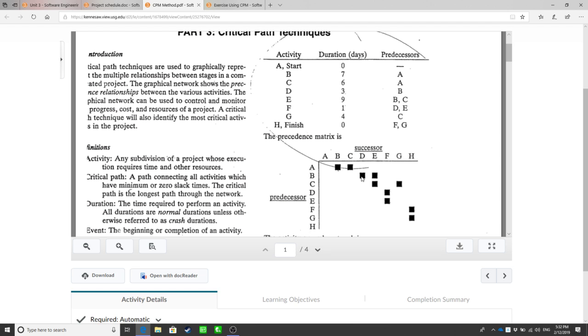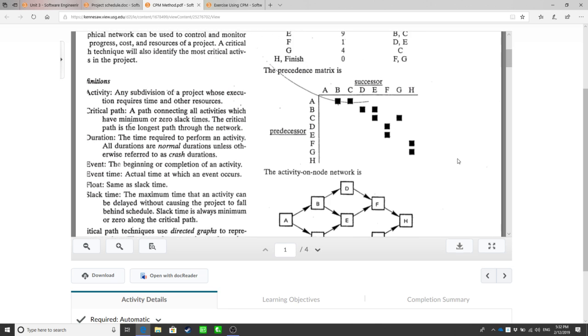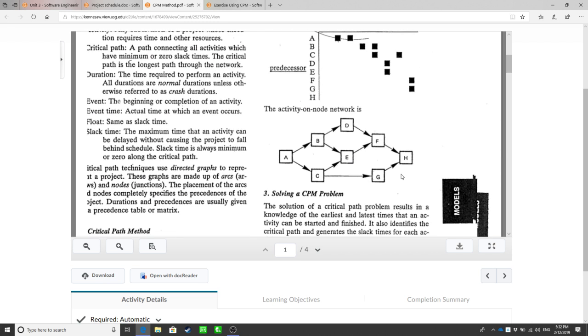The successor of D is F. Here I can just tell you: D, the successor is F, the predecessor is B, right?